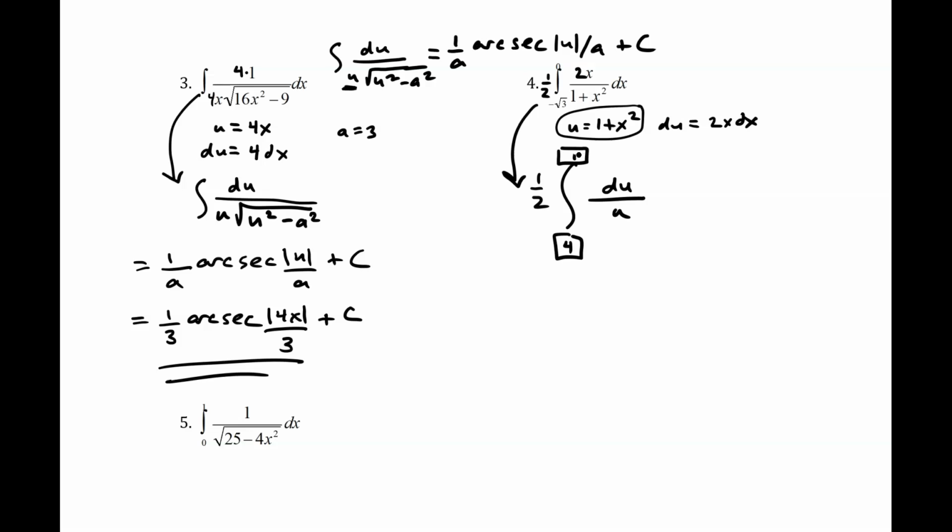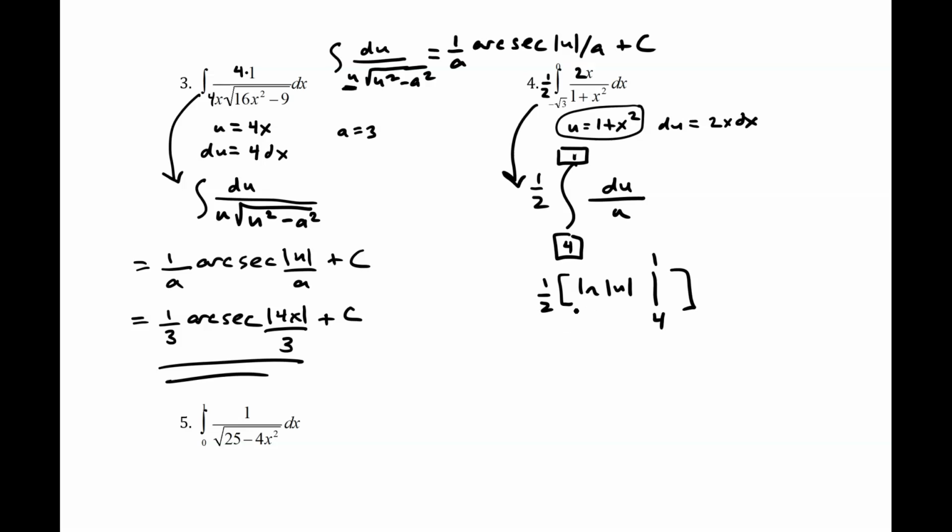I know it's kind of weird to see the smaller number up top, but that's what we have here. I'm not going to switch them because that would introduce a negative here, and I'm just going to leave it as is right now. So this is going to be an entirely new problem from this point, and the answer is going to be 1/2 times the natural log of the absolute value of u, where u is going from 1 to 4.